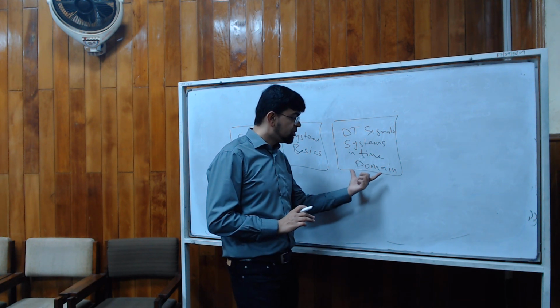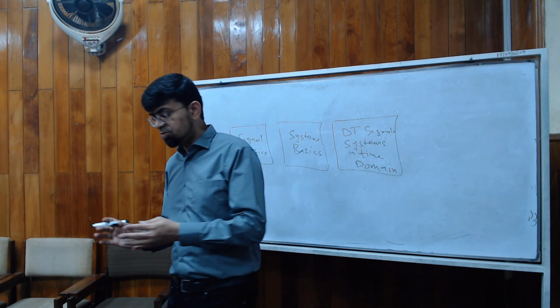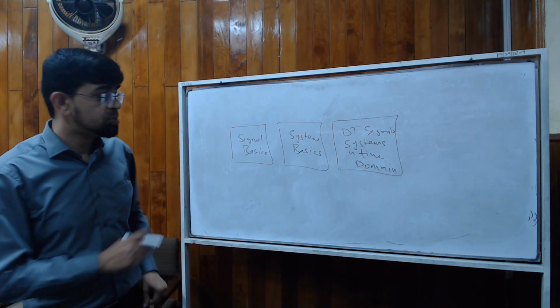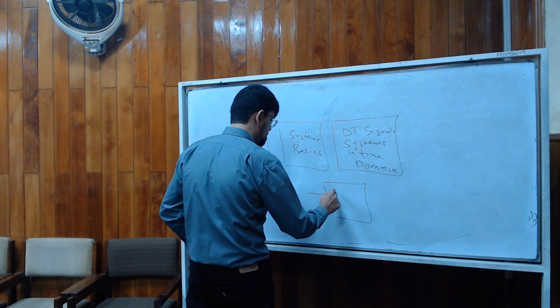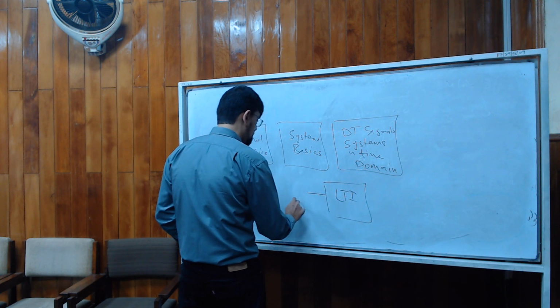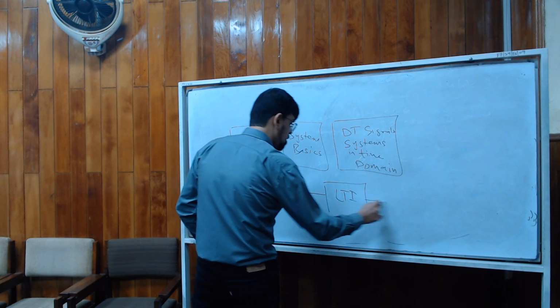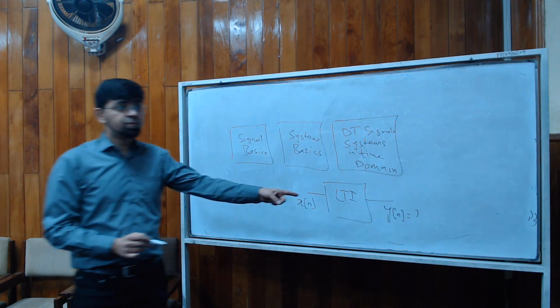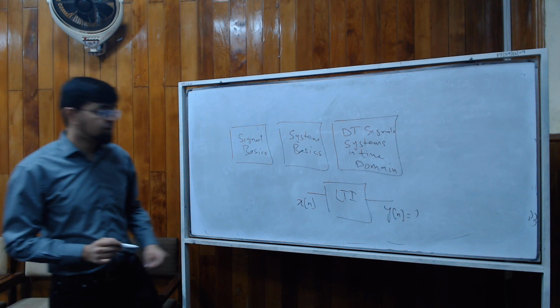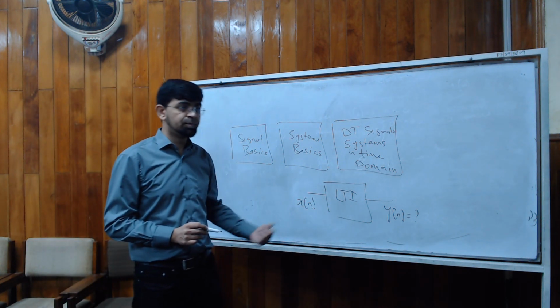And we answered a very important question for discrete time systems in this module: if you know that a discrete time system is LTI and the input is x[n], what is the output? How do you model the output of a discrete time LTI system?